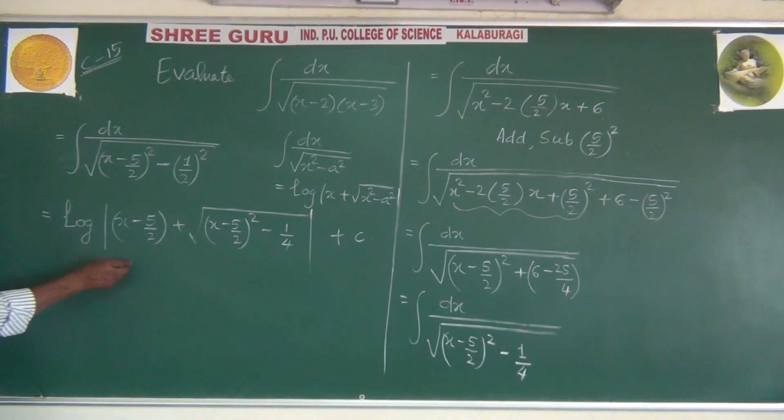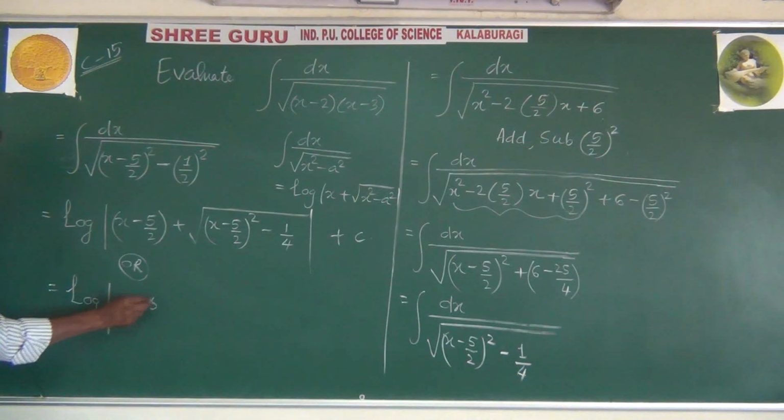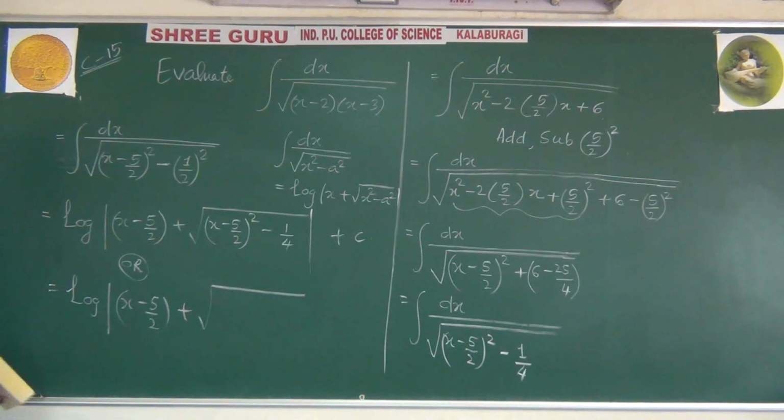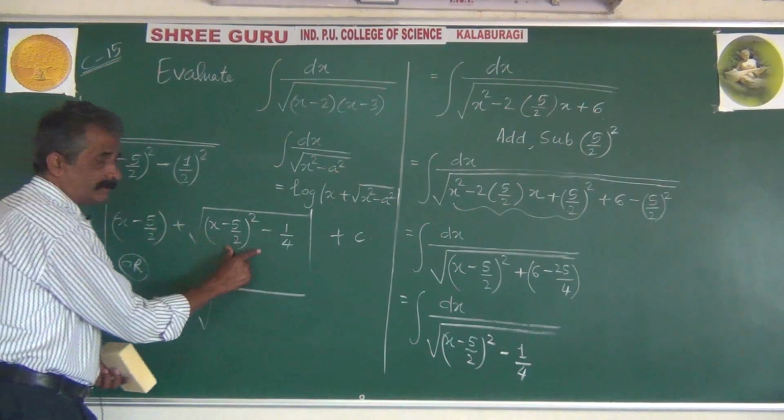Or you can stop here. No, one more step can be continued if you wish. Log modulus of x minus 5 by 2 plus the square root of this expression.